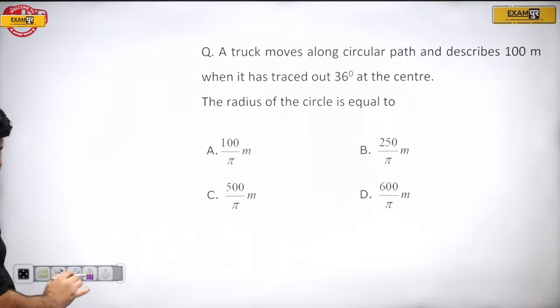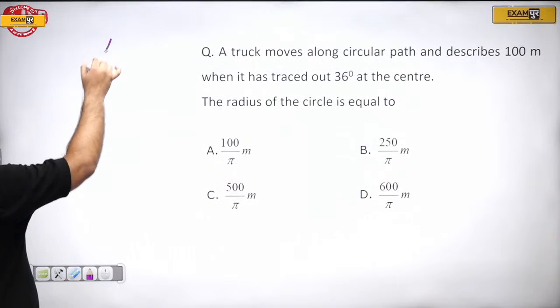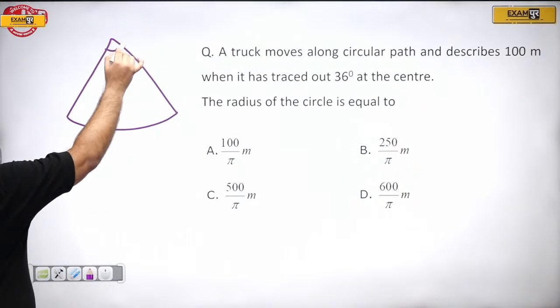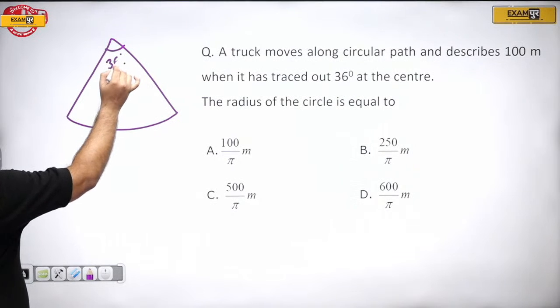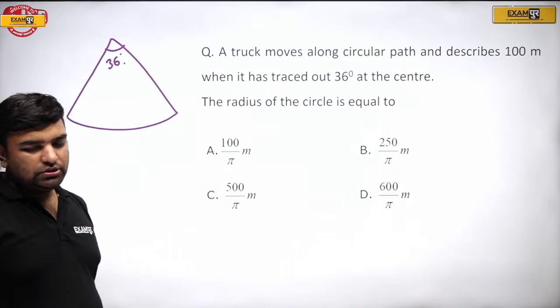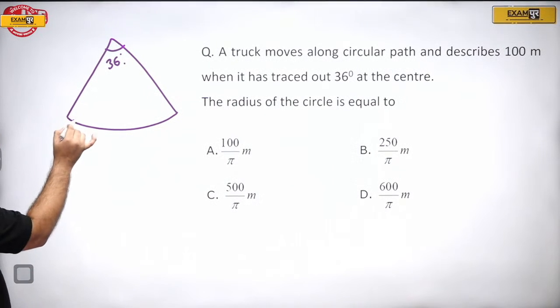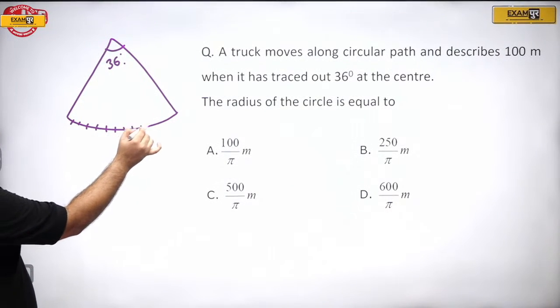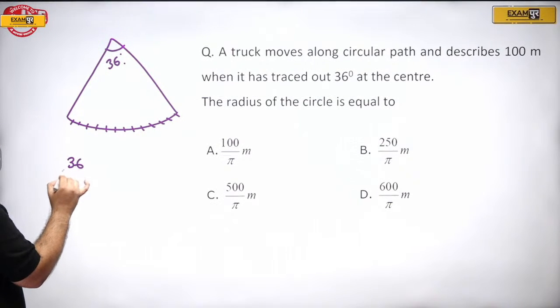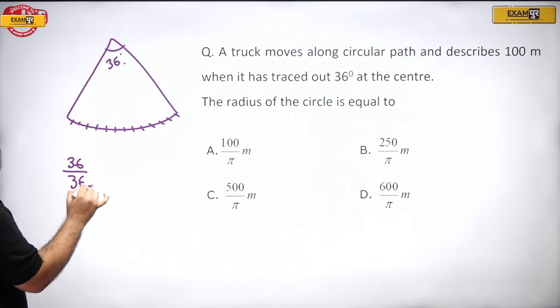Thank you very much, Ram. If you will ask, I will derive it as well, okay? Derivation is a small thing for us. So this distance is given as 100 meter. So what is this distance? This is 36 upon 360 into 2 pi r.